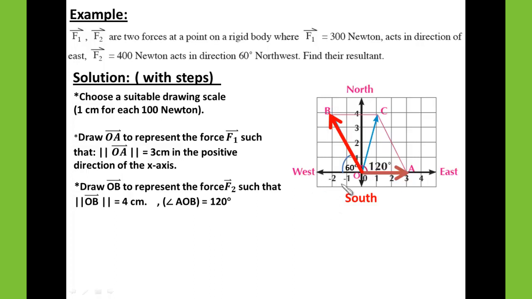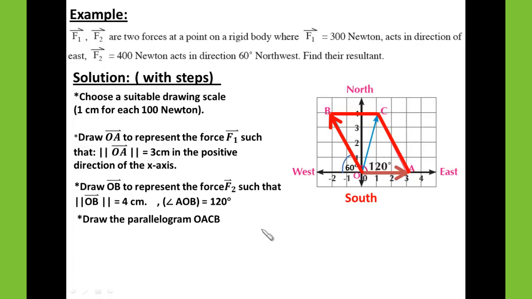Since the angle between OA and the west is 60 degrees, then the measure of angle BOA equals 120 degrees. Then we complete the parallelogram OACB.